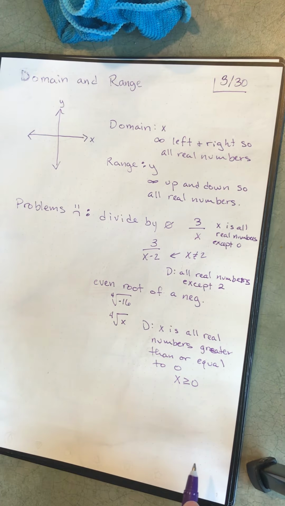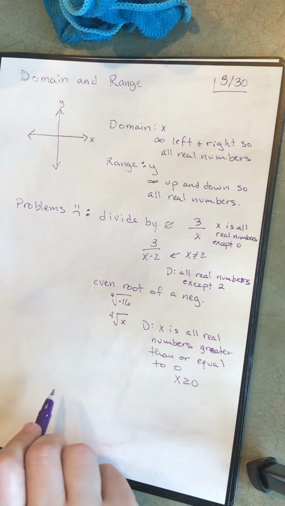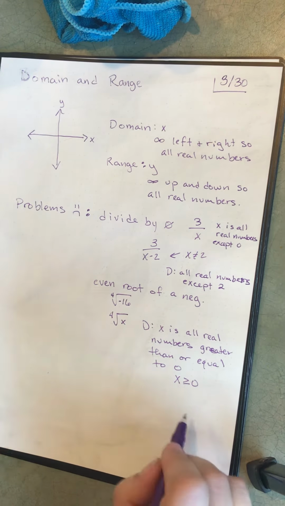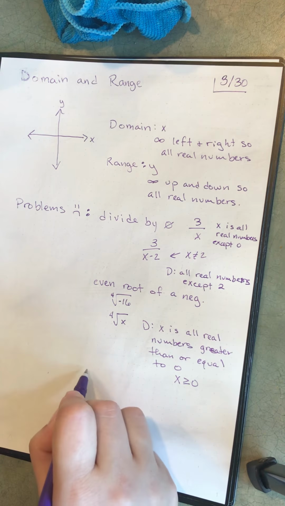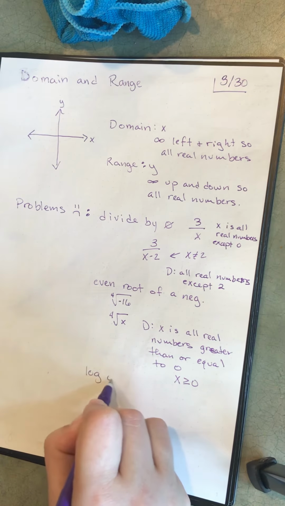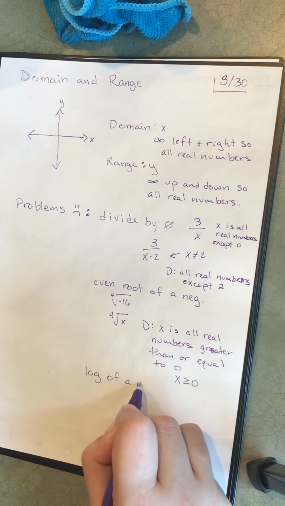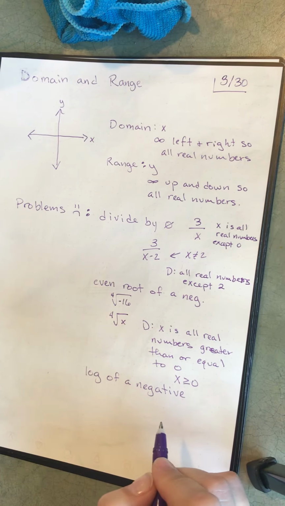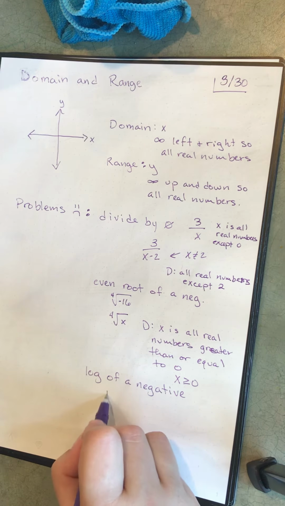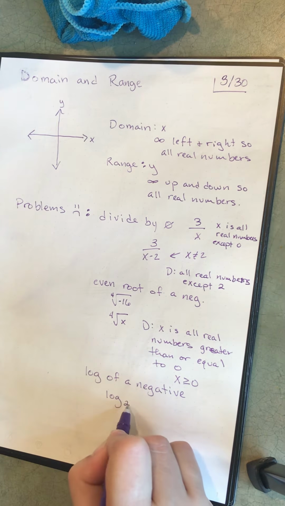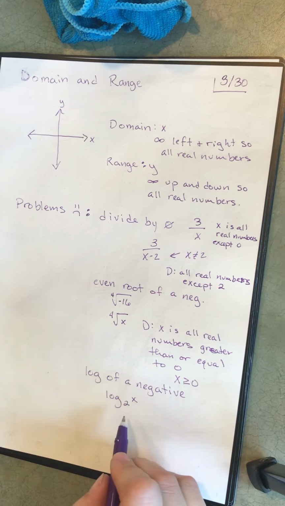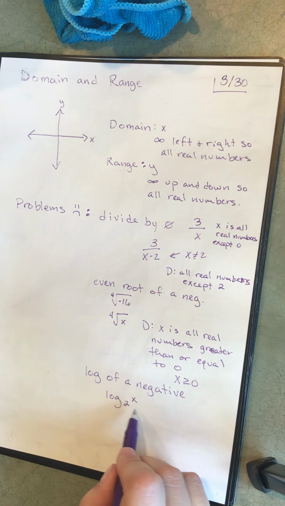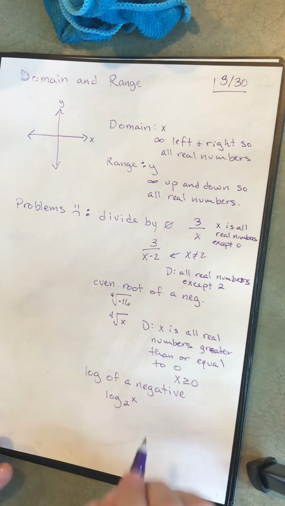The third issue we have to watch for with domain is taking the log of a negative. If I have log base 2 of x, this is saying 2 to what power is x?